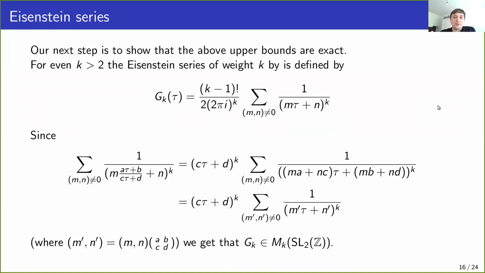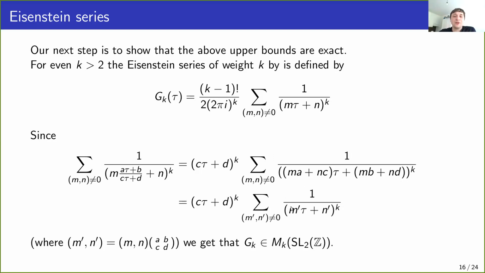And for k greater than 2, the thing is absolutely convergent, so we can rearrange terms in whatever way we like. If you plug in, instead of tau, (a tau plus b) over (c tau plus d), you simply pull out (c tau plus d) to the k from each term. And then the sum inside is again the sum over all pairs of integers, just under a change of variable, a change of basis.